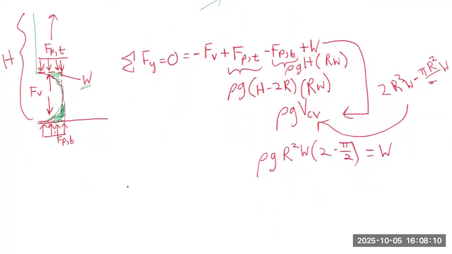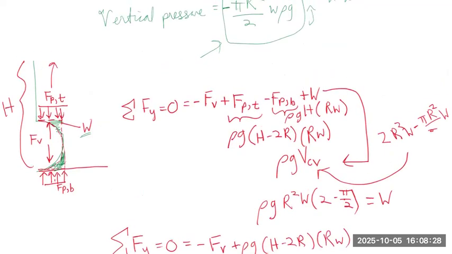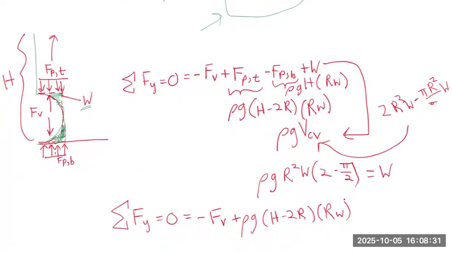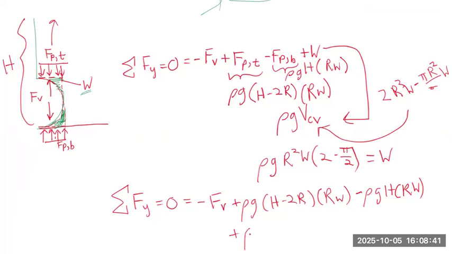So now we have the whole expression for the force balance. 0 is equal to negative FV plus rho g H minus 2R times RW, minus rho g H times RW, plus rho g R squared W times 2 minus pi over 2.